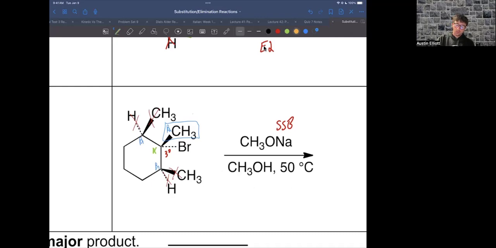So this carbon right here is representing this carbon. And then we have an H, an H, and an H. This is a way you can look at it.